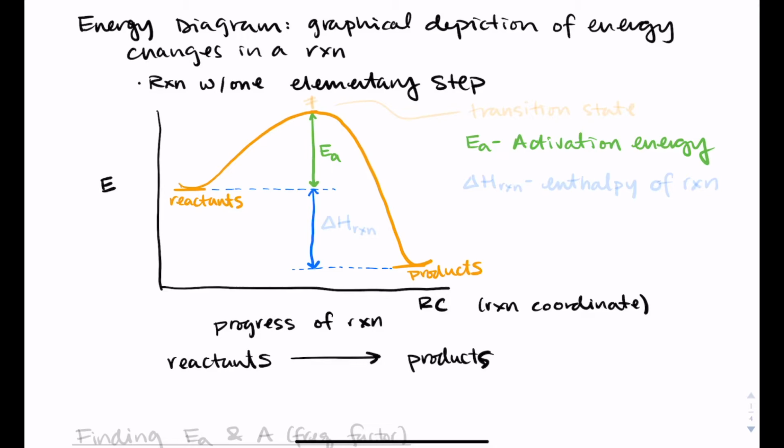I have my delta H labeled, and then there's also a special name at the very top of this peak. There's a high energy state called a transition state. And transition states are super important for what your products look like.